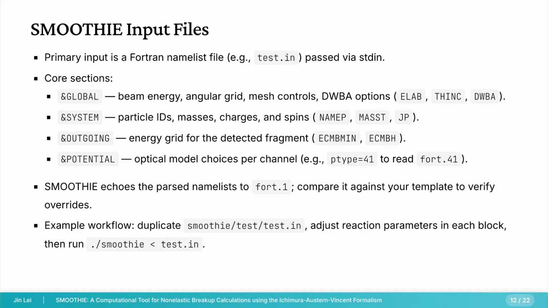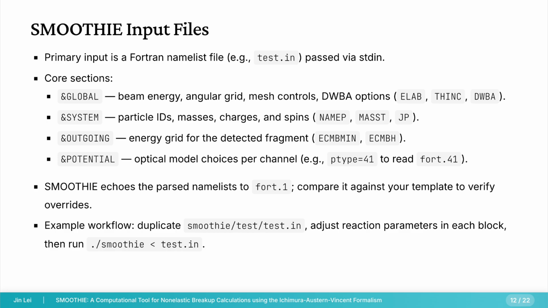Now, the smoothie input file slide. Primary input is a Fortran namelist file, for example, test.in, passed via standard input. Core sections are 4, as listed on the slide: global, beam energy, angular grid, mesh controls, and DWBA options.